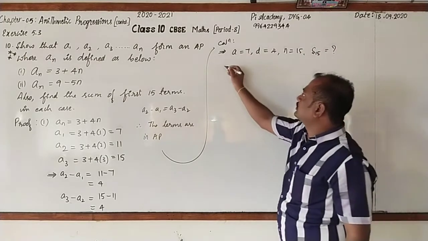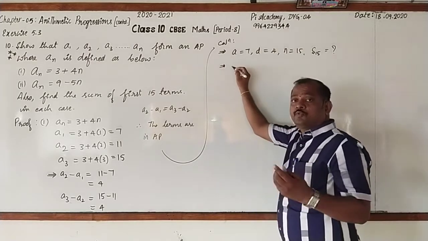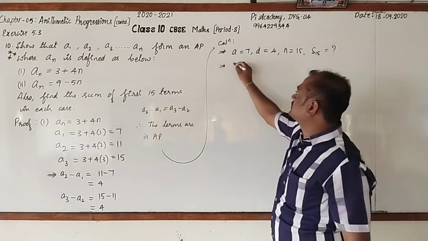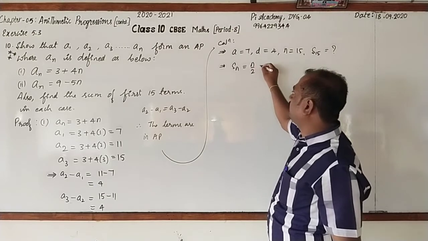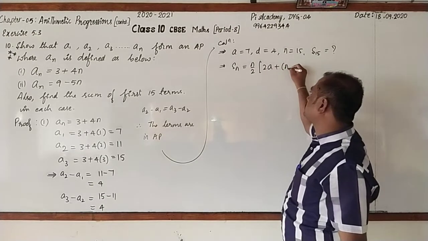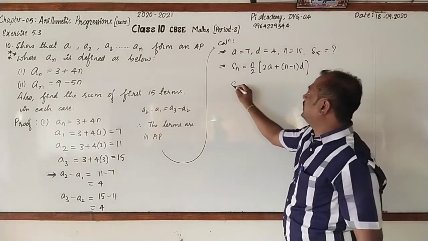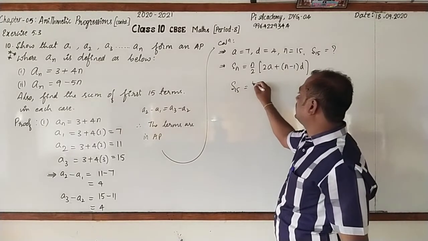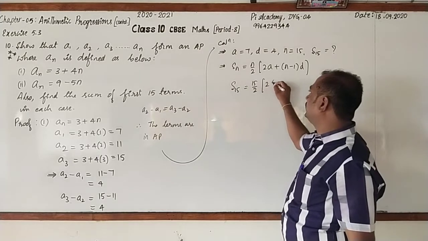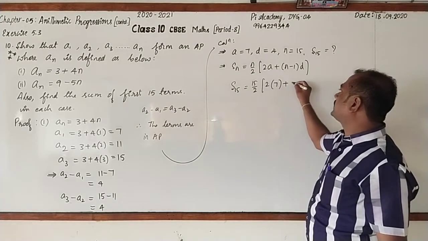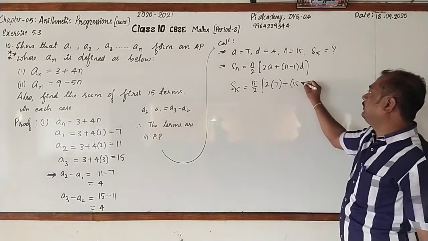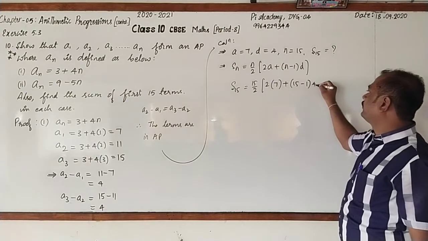Clear? Use the formula to find out the sum of n terms. It is Sn equal to n by 2 into 2a plus of n minus 1 into d. Right? Now substitute. S15 is equal to 15 by 2 into 2 into a is 7 plus of n is 15 minus 1 into d is 4.